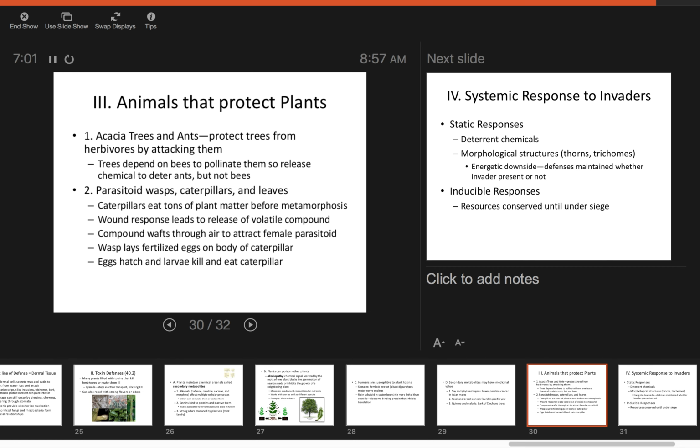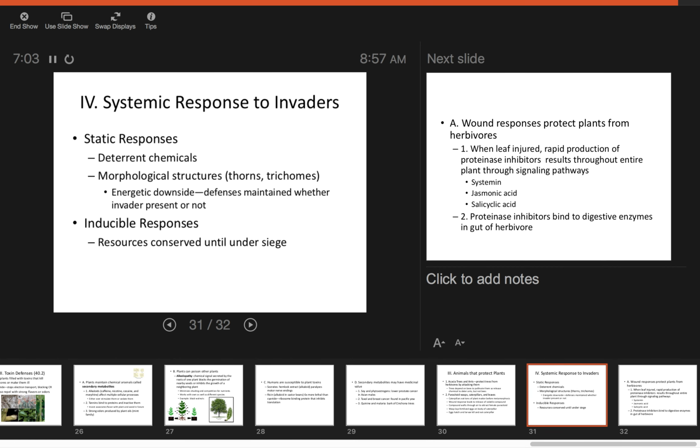So, yeah. All right. There are two types of responses to invaders. Two types of systemic. So static responses, just using chemicals, maybe a morphological feature like thorns or trichomes that I talked about yesterday. But there's an energetic downside with static responses because you have to maintain them whether there's an invader present or not.